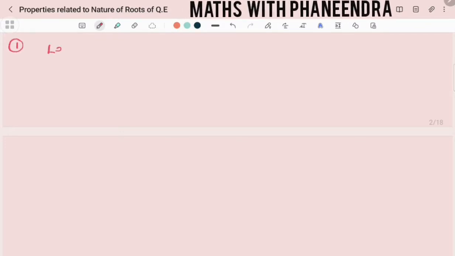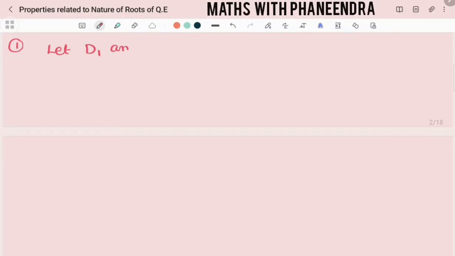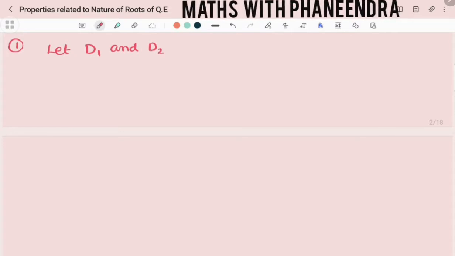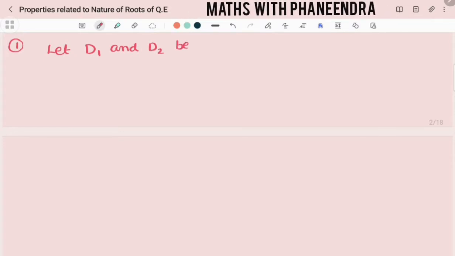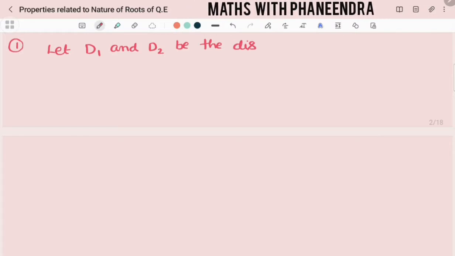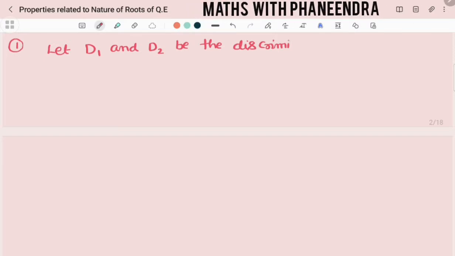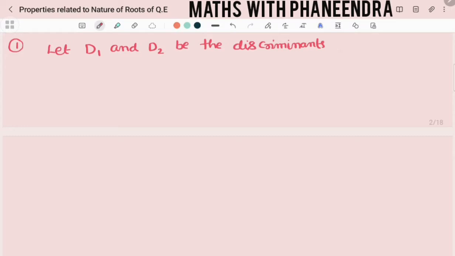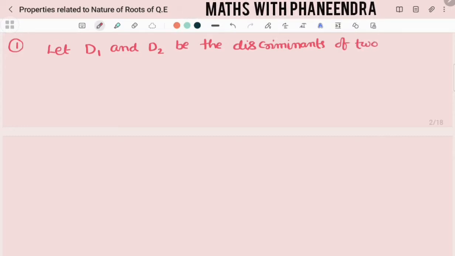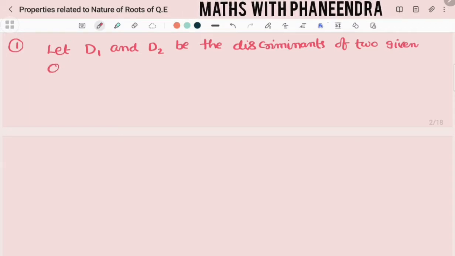Let us consider capital D1 and capital D2 to be the discriminants. You know that a discriminant means what? B square minus 4AC for the quadratic equation. Discriminants of two given quadratic equations.